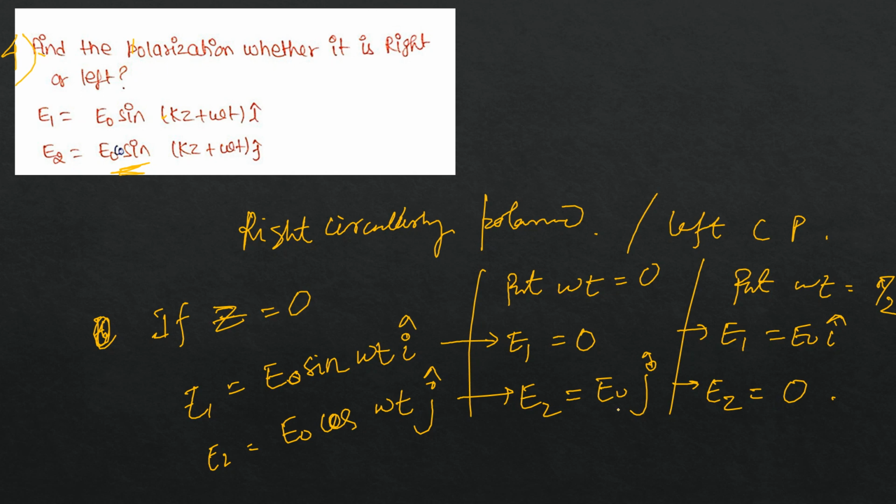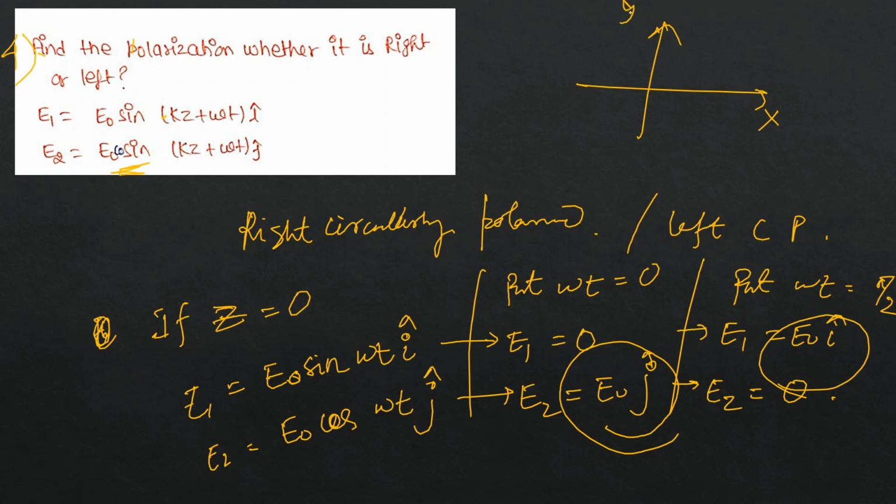Got it? So my value is going from, can you tell me? It's going from j cap to i cap. For example, this is the x axis, this is the y axis. So this value is E naught j cap, E naught i cap. So first omega t is 0, then omega t is pi by 2. Like this, it is going from E naught j cap to E naught i cap.